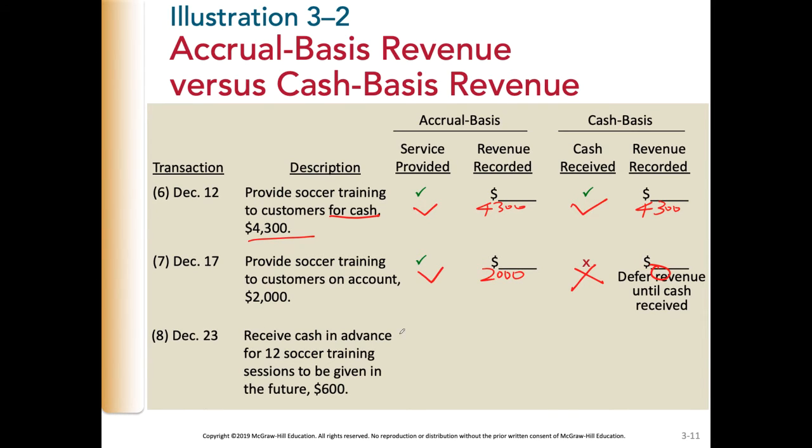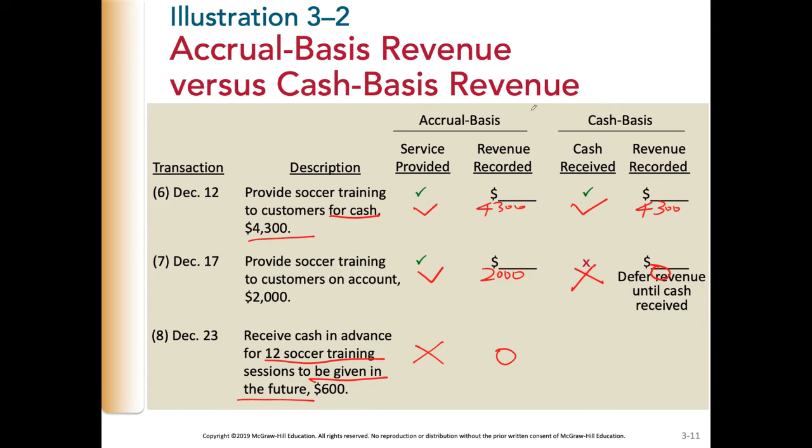Okay. December 23, we receive cash in advance for 12 soccer training sessions to be given in the future. This means we receive money, but we have not given the services yet. Hence, in terms of accrual accounting, was the service provided? No, the service hasn't been provided, so we will defer the revenue to the future period when we earn it.